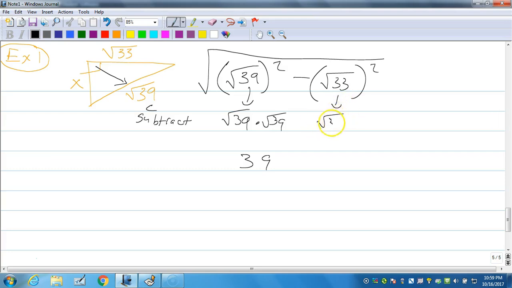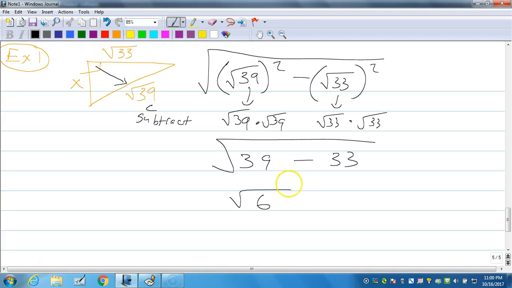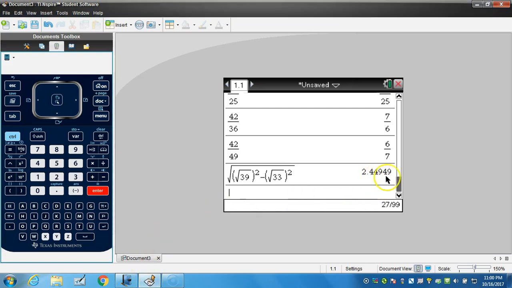And this gives us the square root of 33 times the square root of 33, which just gives us minus 33. 39 minus 33 is 6. There you go. The square root of 6 is the same as that.